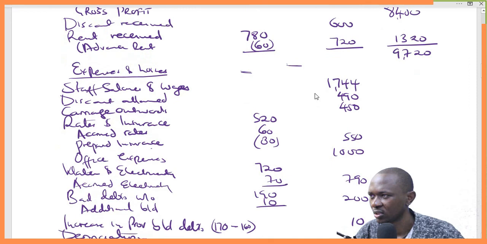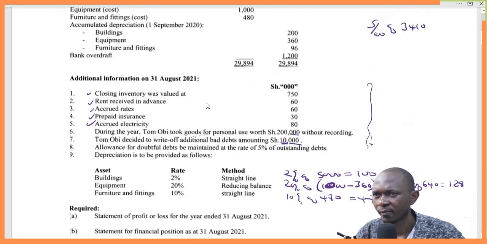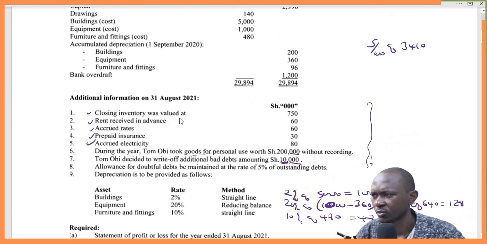Accrued rates 60, prepaid insurance 30, water and electricity, so accrued electricity 70, bad debts written off, this is 10, we worked it. Accrued electricity 70. Yeah, so you can see accrued electricity 80.